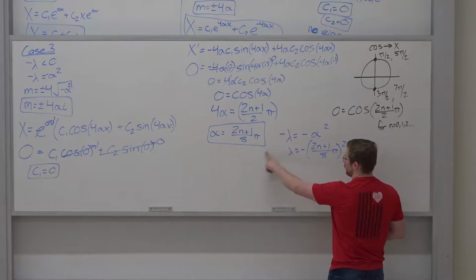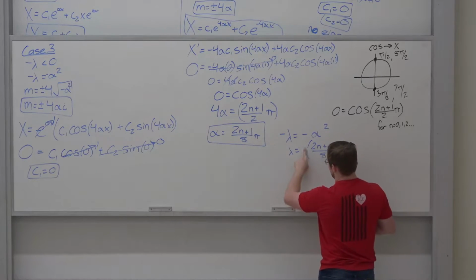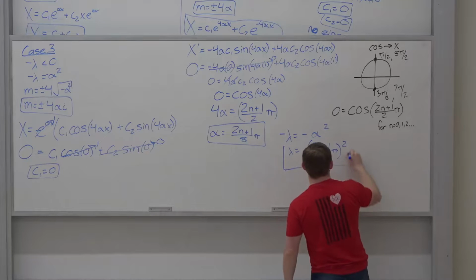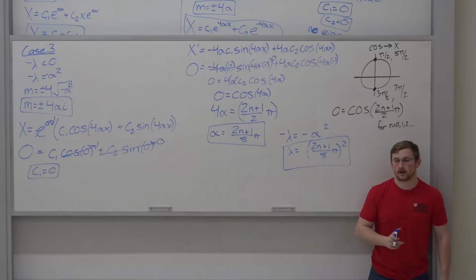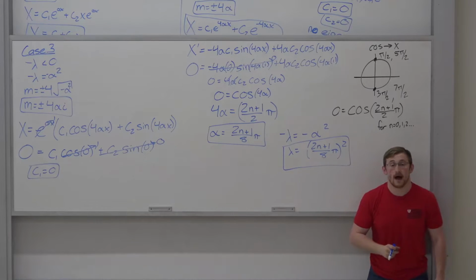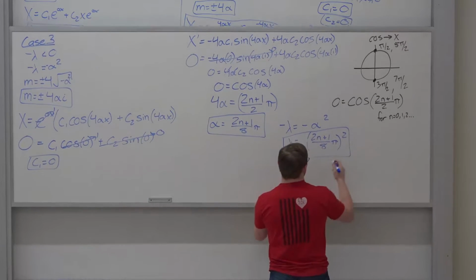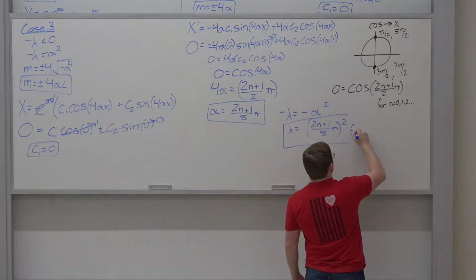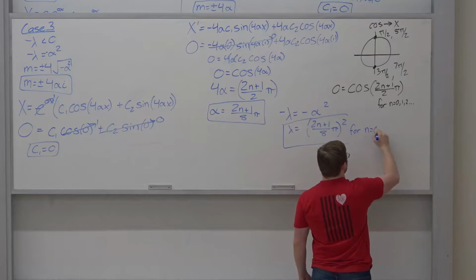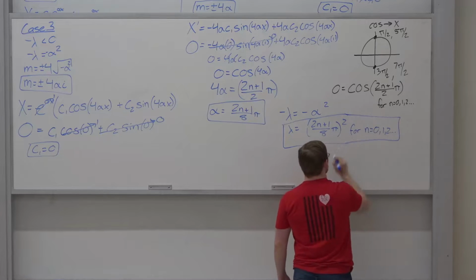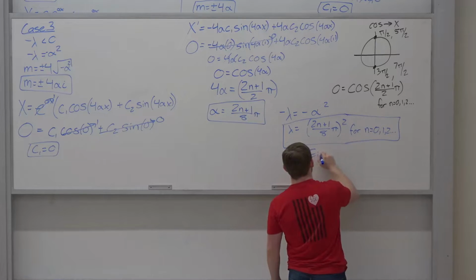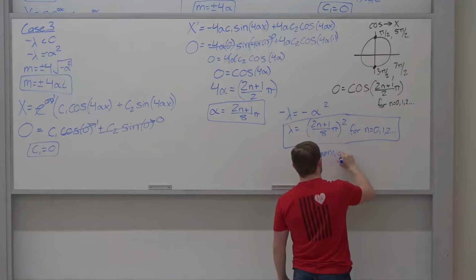Only thing I have to do, divide out the negatives, put a box around it, and then what do these represent? My eigenvalues, yes. And I have to remember to write for n is equal to 0, 1, 2, dot, dot, dot. So these represent my eigenvalues.